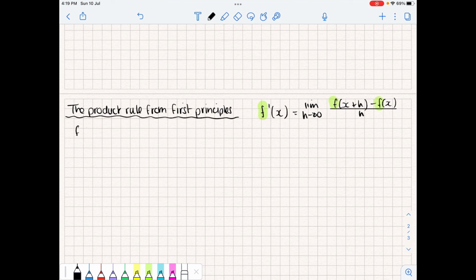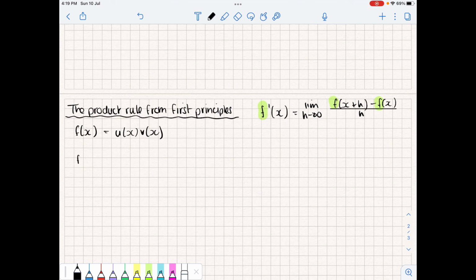Let's say we have some function f of x, and it's made up of two functions. Let's call them u of x and v of x. They could be like our original ones, x squared and x to the power of 5 plus 1. It doesn't really matter. And we want to find the derivative, so we're going to use first principles.